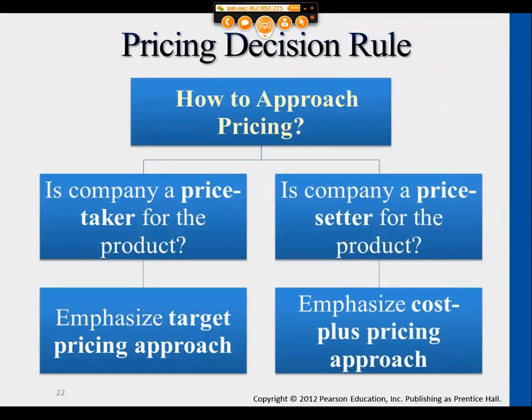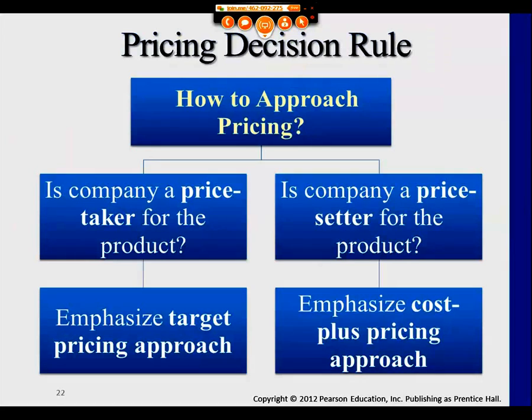All right. So from here we're going to the price decision rule: how to approach pricing. We said the company needs to identify, are we price takers or are we price setters?